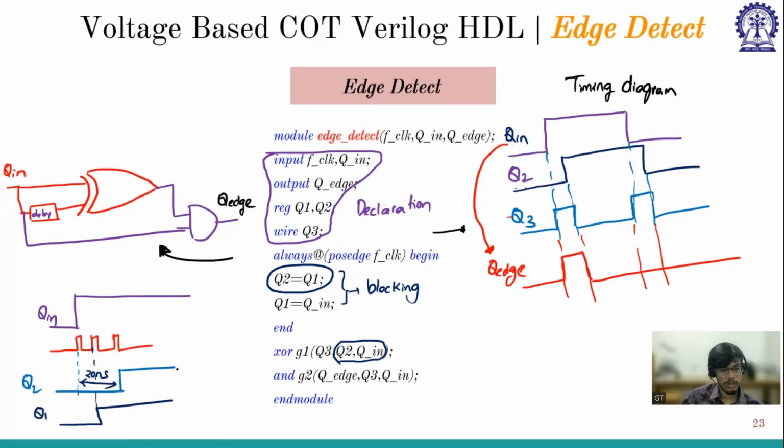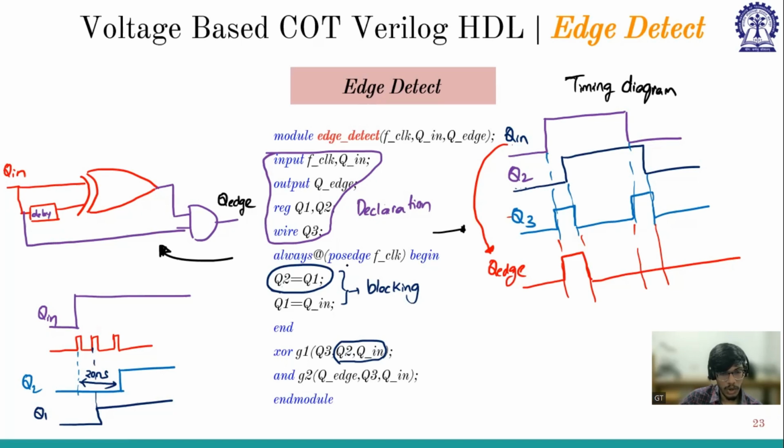They're blocking for one positive edge. Sir, what I am thinking is, if the period of the clock is 10 nanoseconds, and Q1 is being assigned to Q2, for how much time will it block?